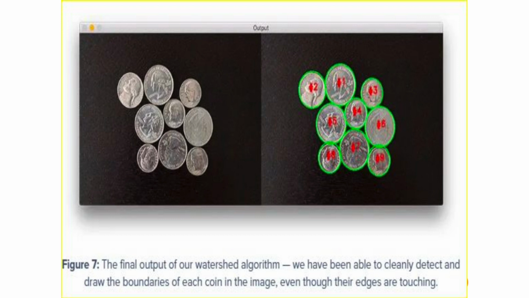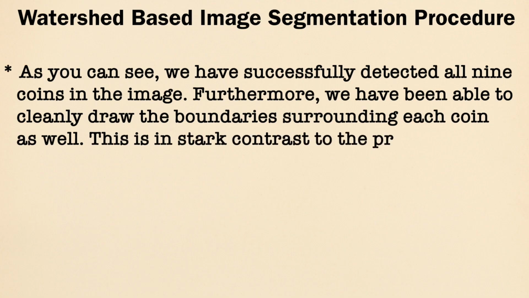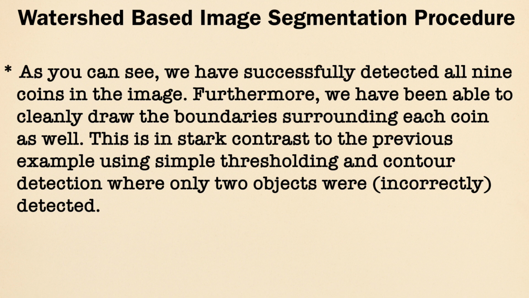We can consider each coin as a different object with the watershed algorithm. So this is the beauty of the watershed algorithm, that we can define each and every object among overlapped and connected objects. As you can see, we have successfully detected all 9 coins in the images. Furthermore, we have been able to cleanly draw the boundaries surrounding each coin as well.